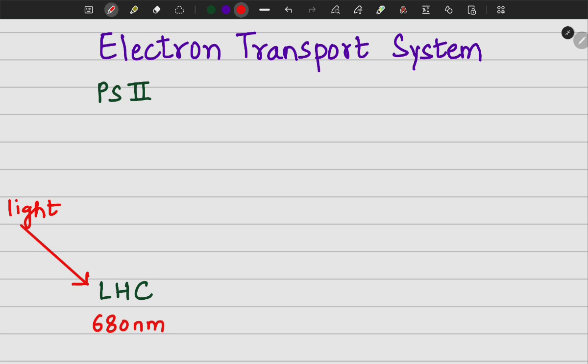So when this red light falls on the light harvesting complex of PS2, the electrons of the pigments get excited, jump to a higher orbit and go to the excited states.